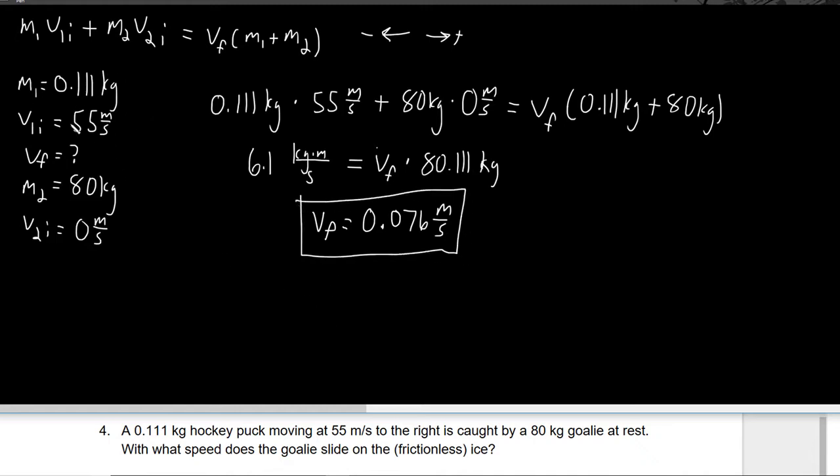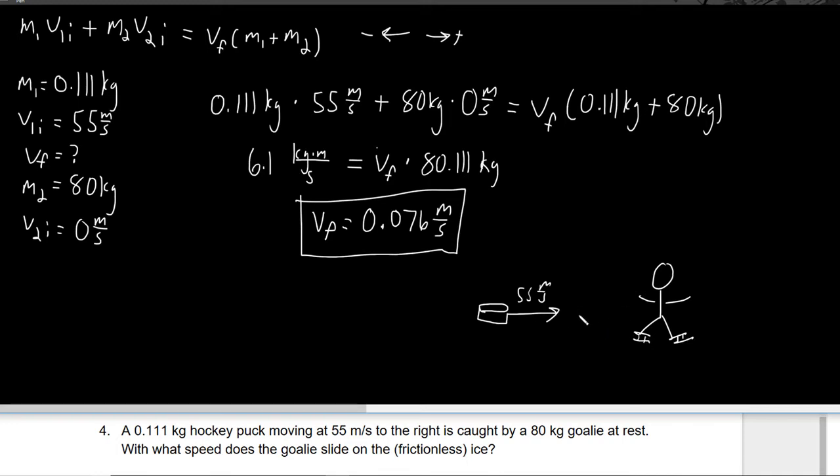That puck is flying at the goalie. The goalie catches it, and he does have some velocity there, so he'll be moved backwards. That's my puck, moving 55 meters per second. Let's give him some ice skates there.